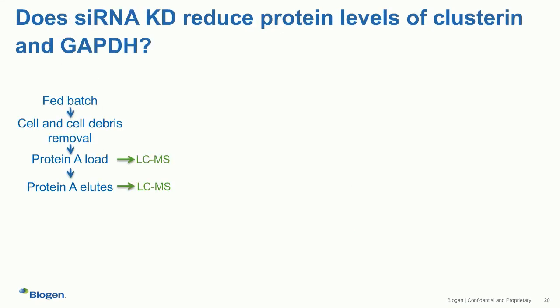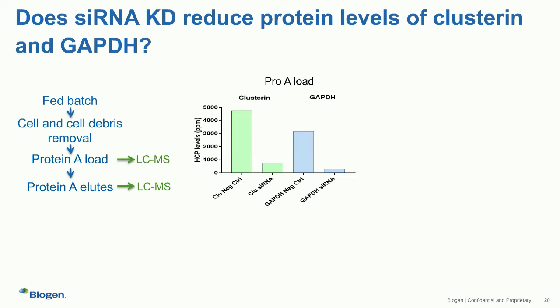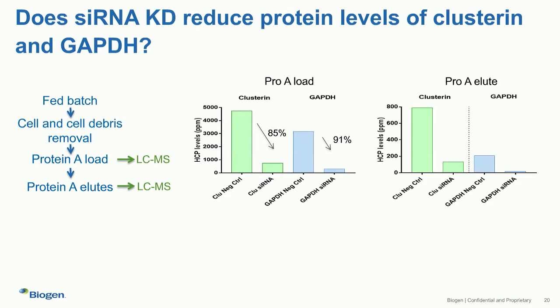We wanted to confirm that this low mRNA level would translate to low protein expression. So we took the day 10 cell culture fluid, purified the material by Protein A, and looked into the host cell protein level in the Protein A load and eluate. We observed that for clusterin and GAPDH, there was 80 to 90% reduction in the Protein A load, and this also translated to a similar level of reduction in the Protein A eluate.